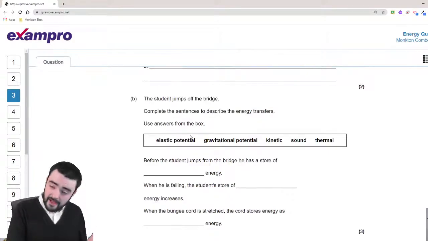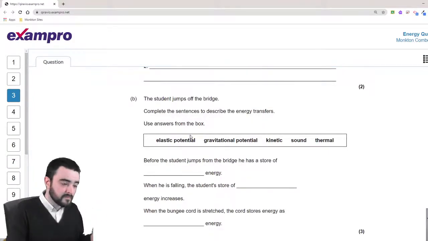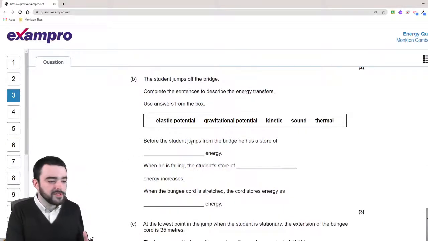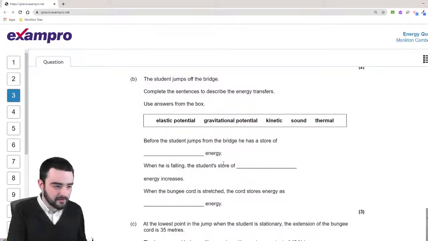Okay, so here we have the classic question for can you identify the energy stores, a gap fill. Before the student jumps from the bridge, he has a store of some energy, and when he is falling, the store of something energy increases. So you're generally looking for a before and after story. It's the idea of what do they start with, and then what is that being transferred to.